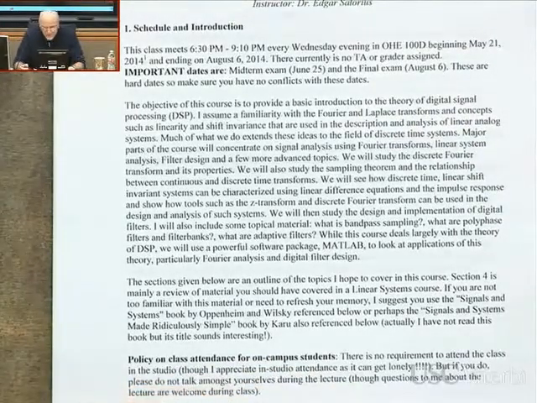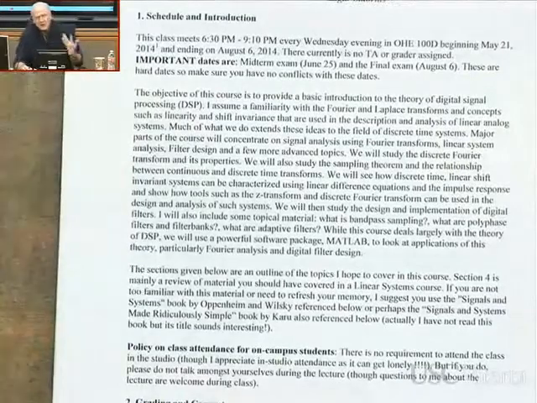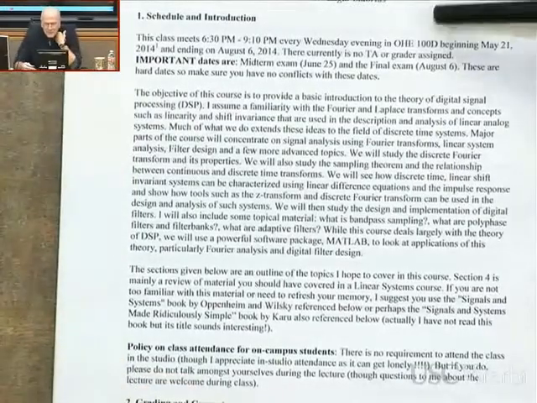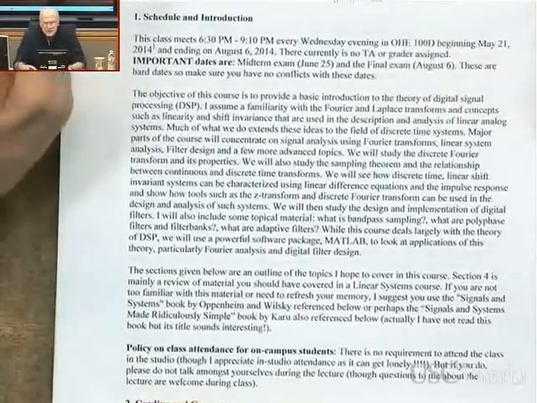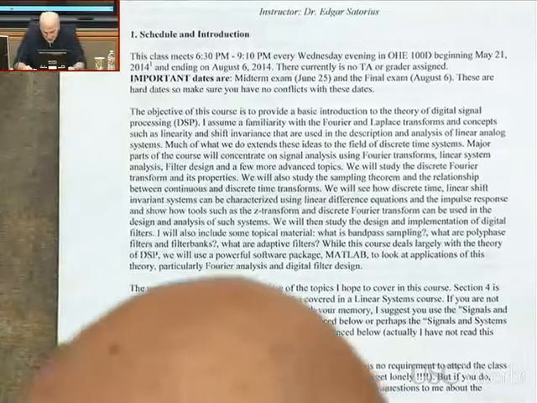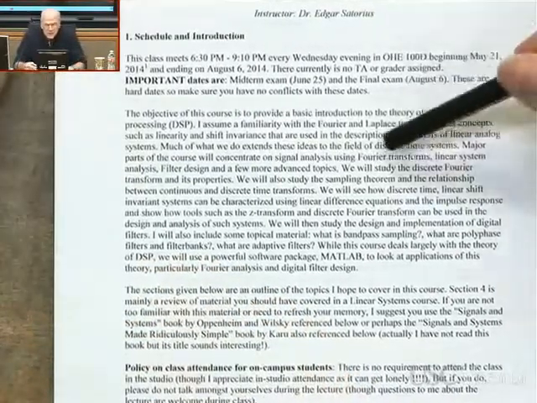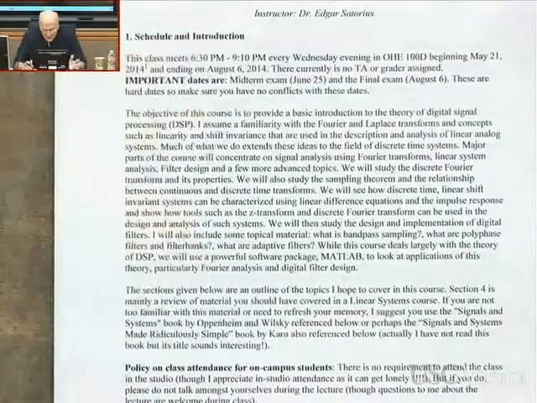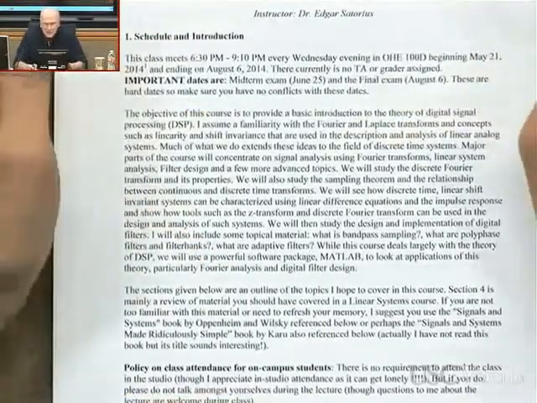But DSP is so pervasive, along with tools like Matlab, that I would not be surprised if a fair number of you have had some exposure to and use of it. In this class, I'll teach you the background, pretty much the theory behind digital signal processing.